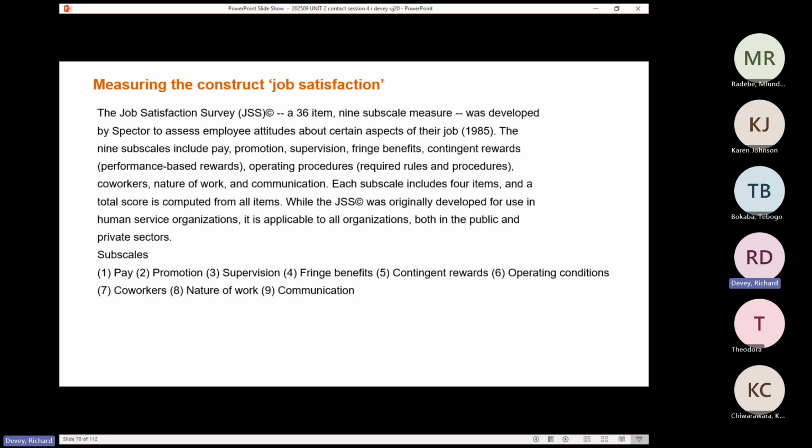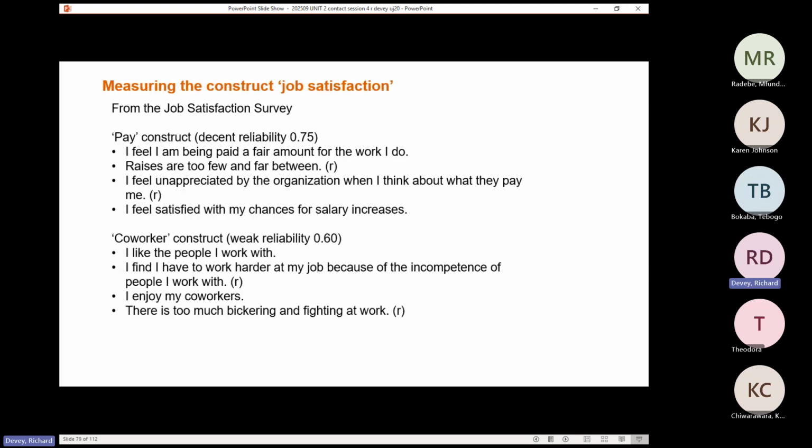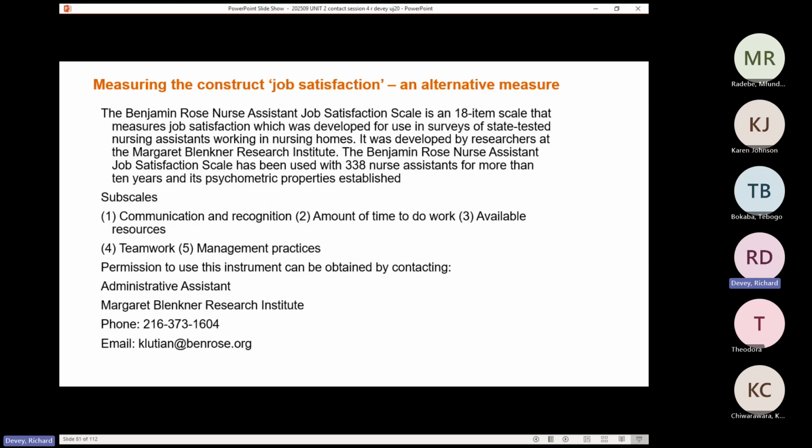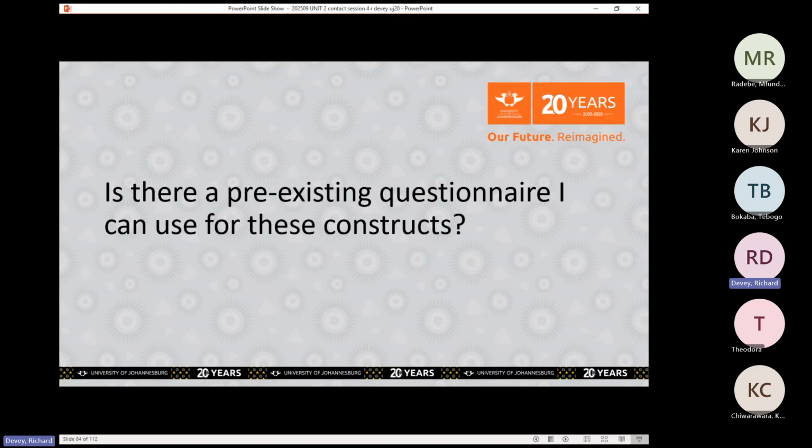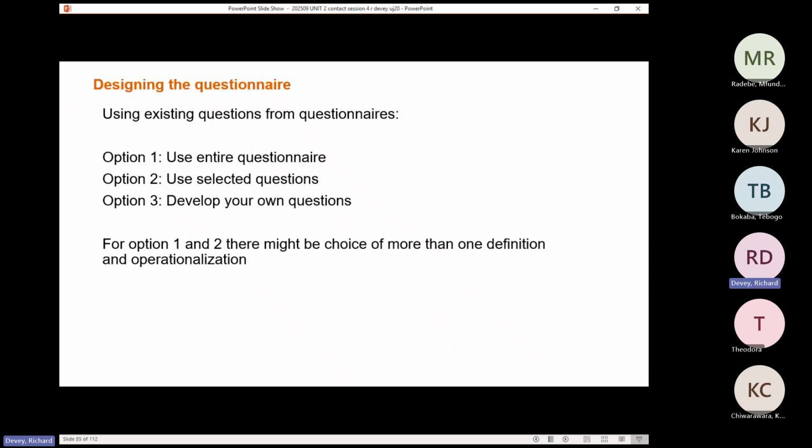Or let's say pay, fringe benefits, and contingent rewards, you're not interested in promotion or supervision or operating conditions or co-workers, for example, in which case you just take those components from the questionnaire. So you can take part of a questionnaire if you don't want to take all, if you're only focusing on certain kinds of dimensions of the broader concept of interest.